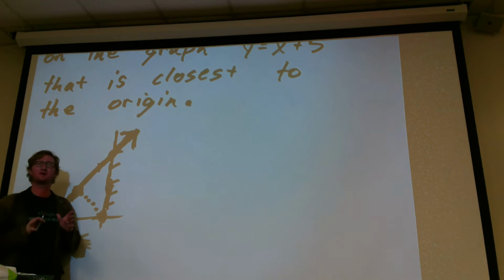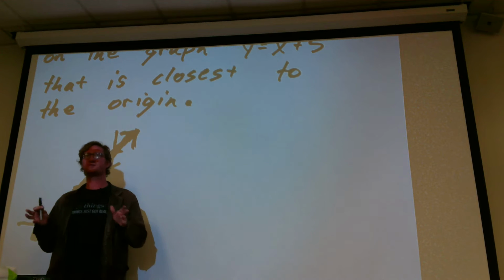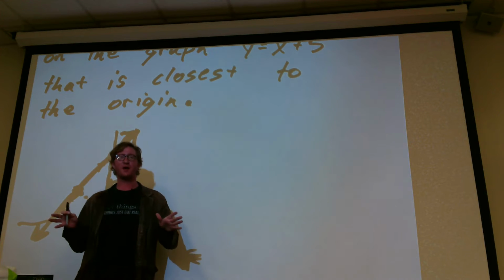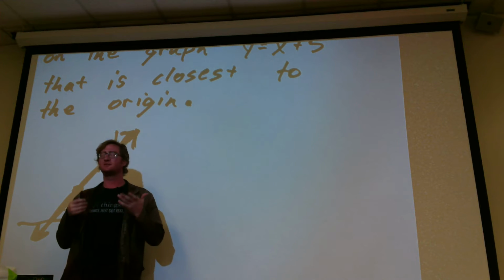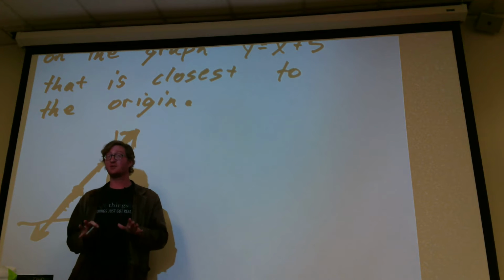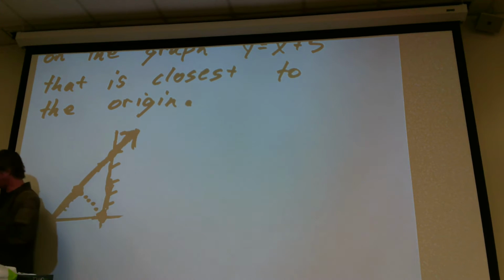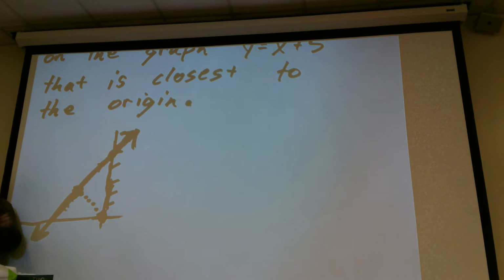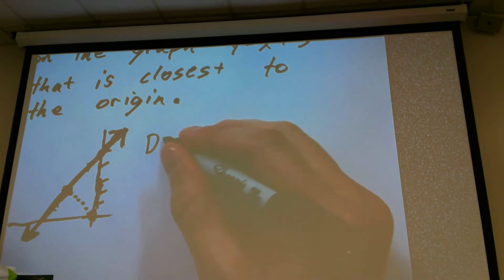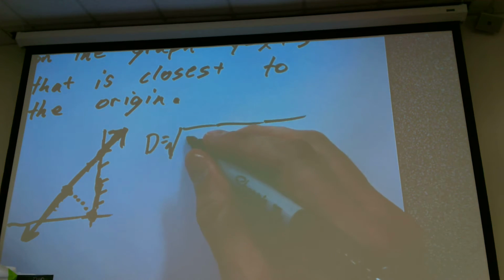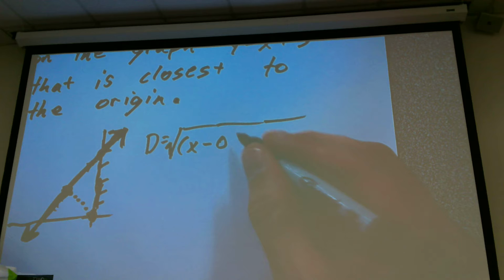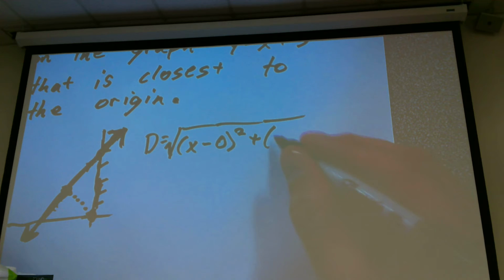Now, when a problem asks about what is closest or what is farthest away, the question that is really being asked is, what is the distance? So the formula that we're going to use is the distance formula. If we're talking about a point away from the origin, the distance is going to equal the square root of x minus 0 squared plus y minus 0 squared.